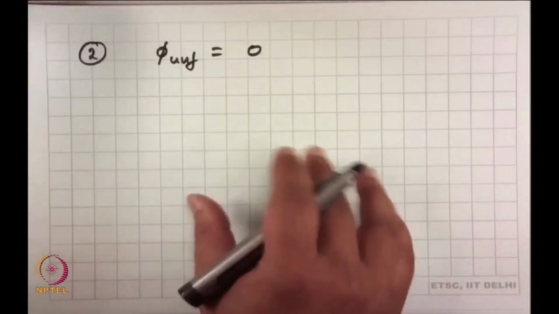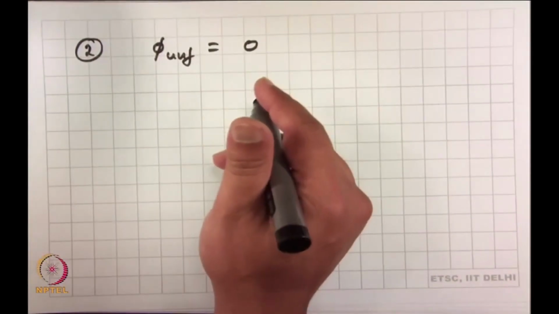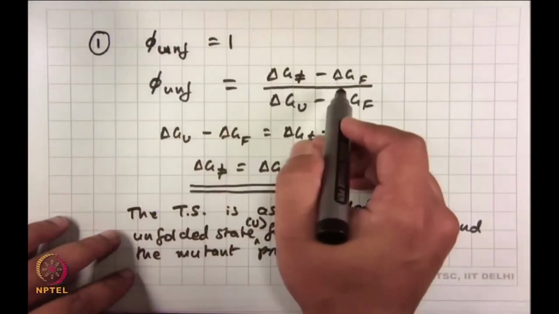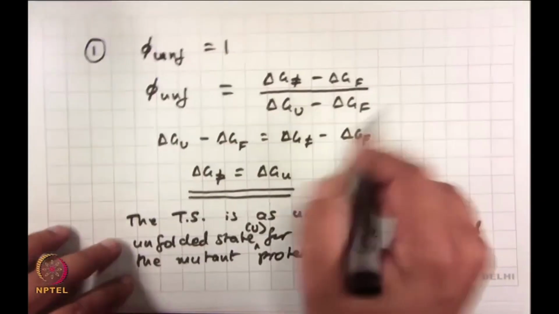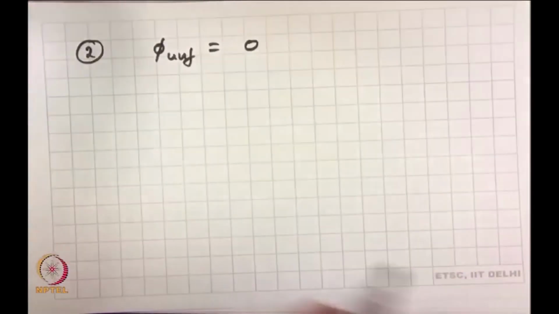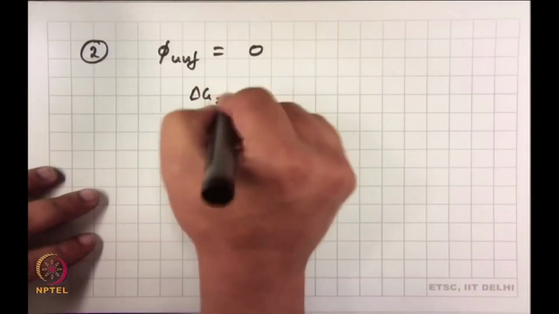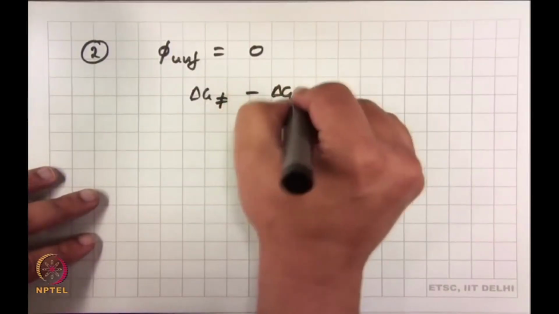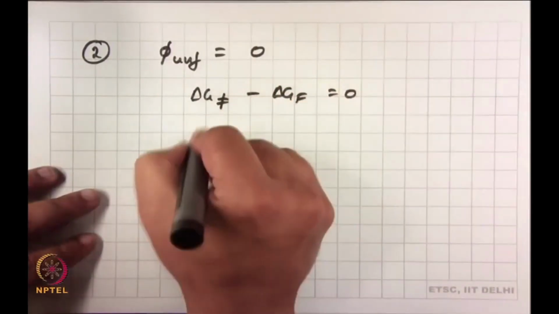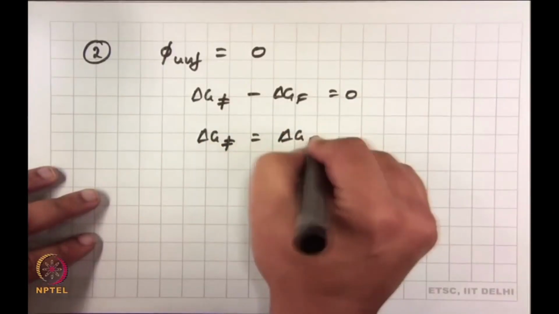Based on this equation, if phi unfolding is equal to 0, the numerator is 0, then I can write delta G hash minus delta G F is equal to 0, or delta G hash is equal to delta G F.